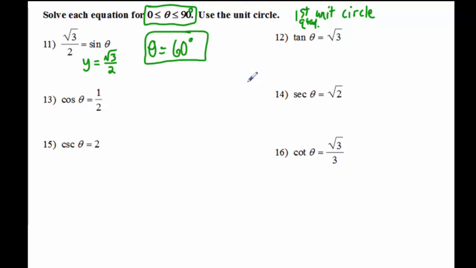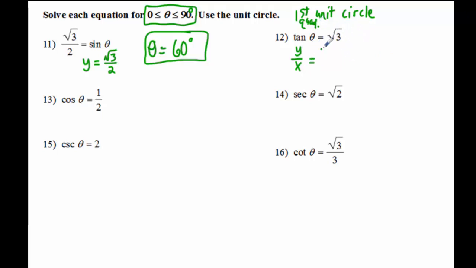It gets more difficult with tangent and cotangent and secant and cosecant, all of those other ones. But tangent is y over x. If I want my y value over my x value to simplify to be square root of 3, looking at your unit circle, think about what has to happen.